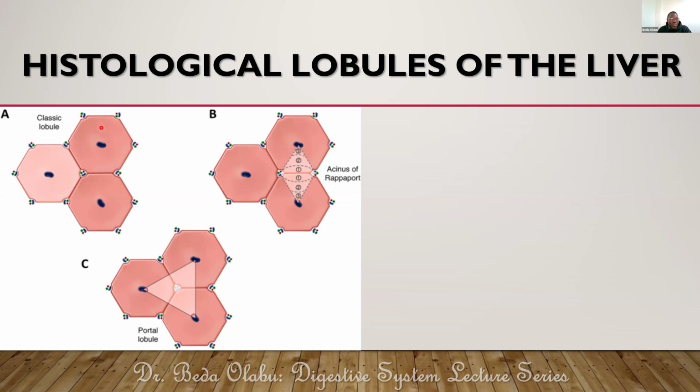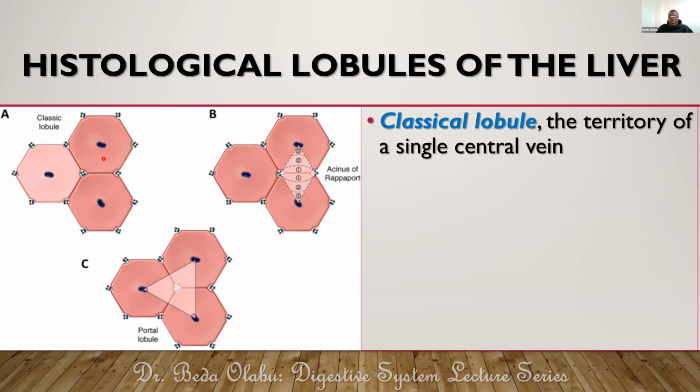The histological territory of the liver that is drained by a single central vein is what we call the classical lobule of the liver. The classical lobule is the hexagonal lobule we've been seeing all along.